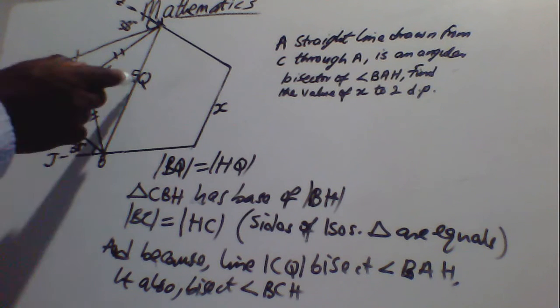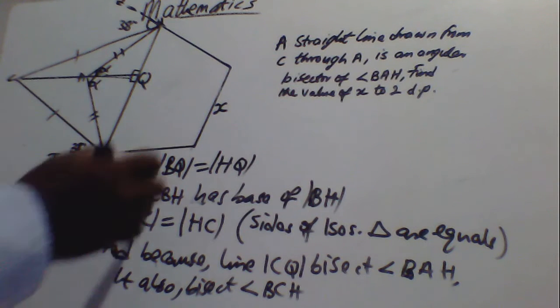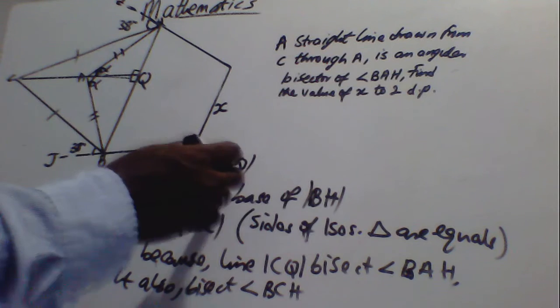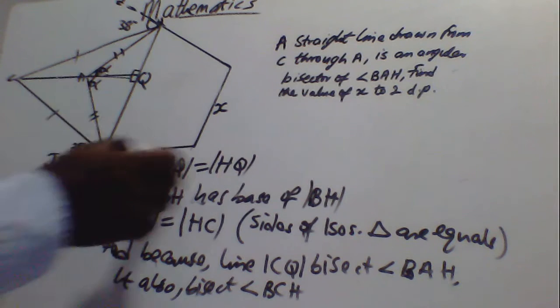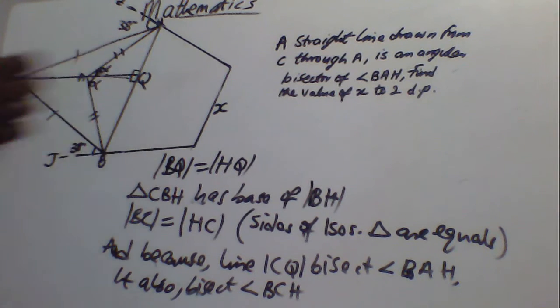So because BQ is equal to HQ, CH is equal to CB. That is my own explanation.